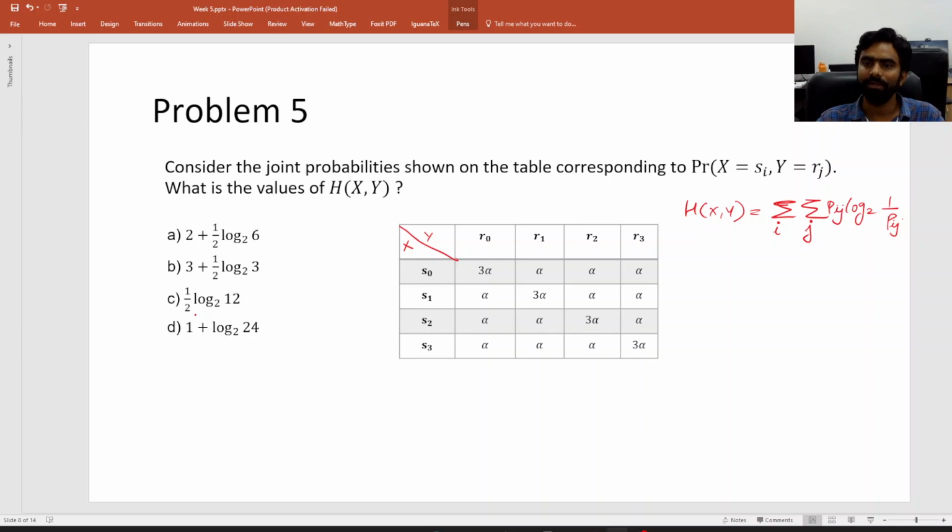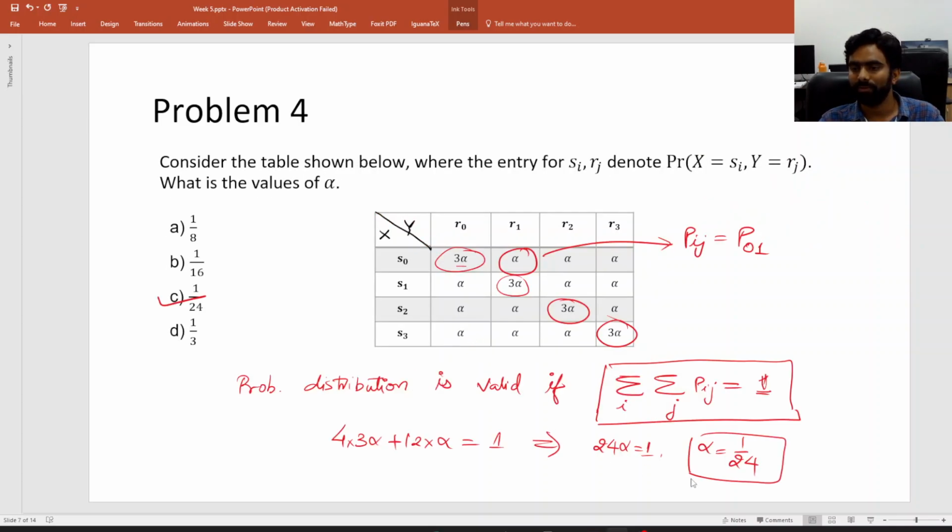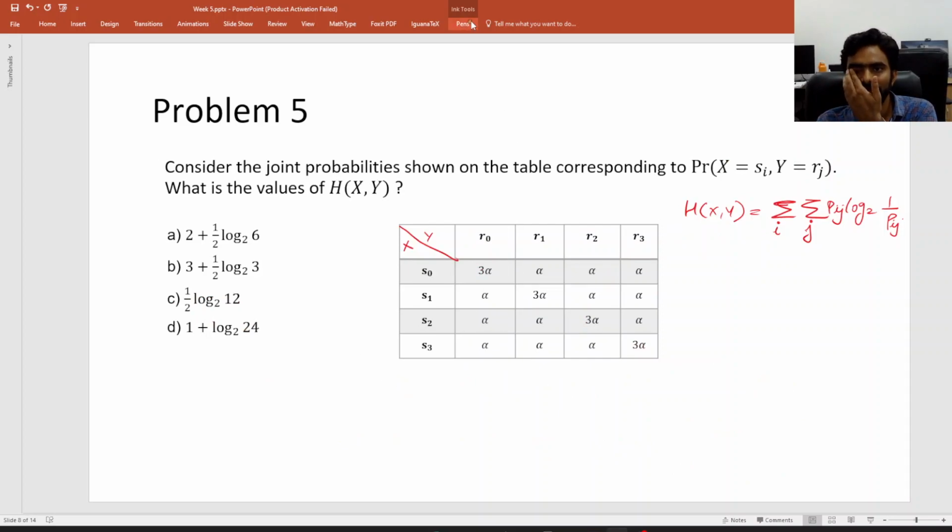One more thing, we have already calculated the value of alpha. So alpha is 1 by 24. Now I will modify this table according to the value of alpha. So meanwhile you solve the problem, I am modifying the table. Okay. So 3 alpha is 3 by 24, which will be 1 by 8. The others are 1 by 24, 1 by 24, again 1 by 24.